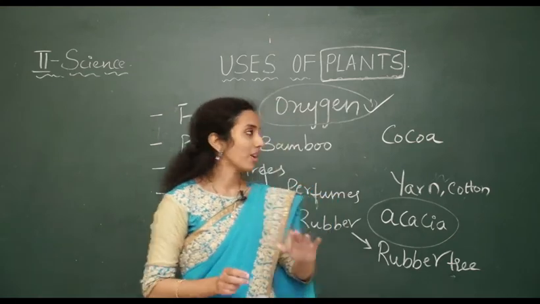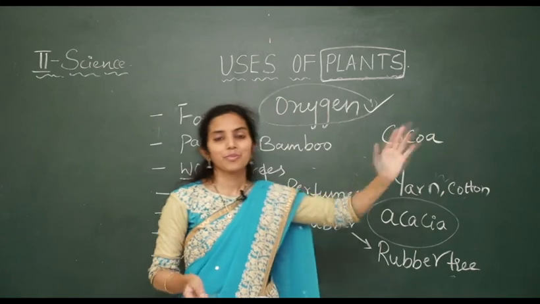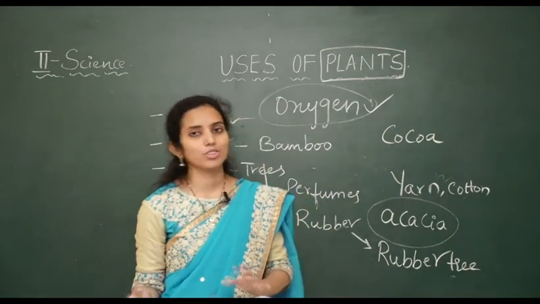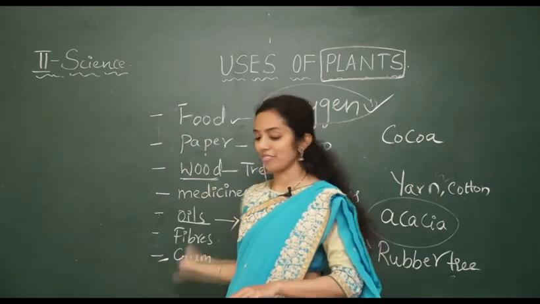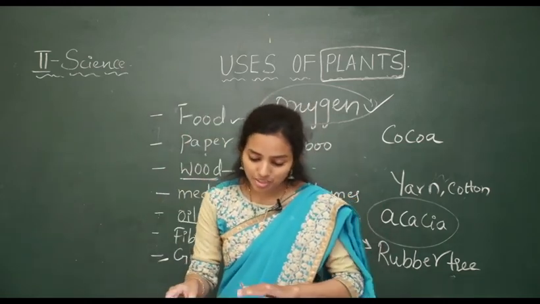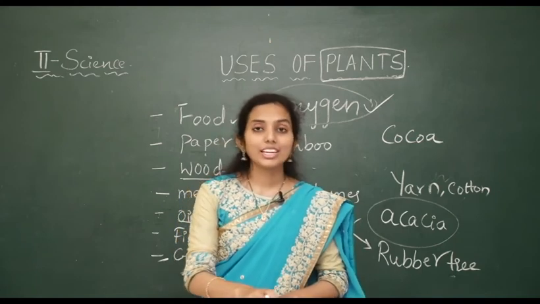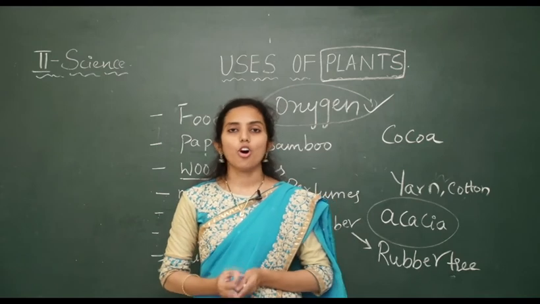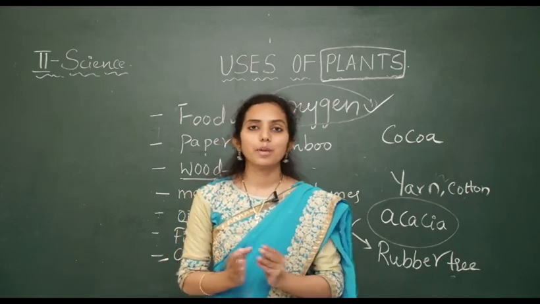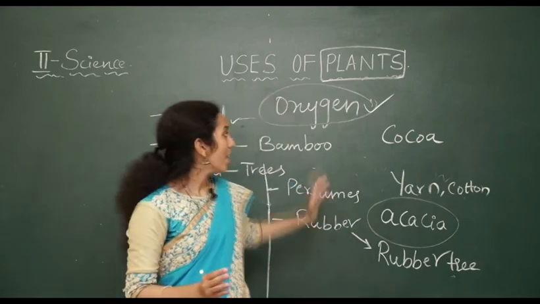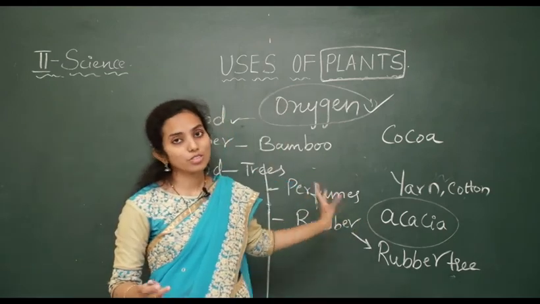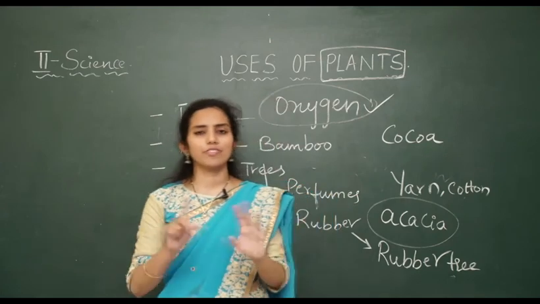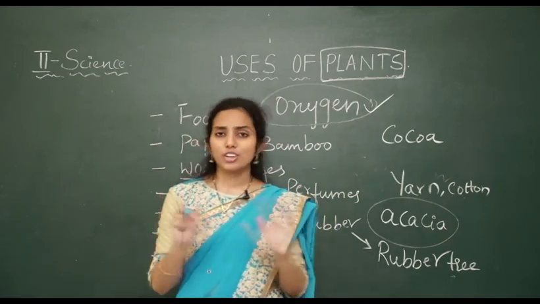So this is our lesson, uses of plants. We have seen not only fruits and vegetables, there are many uses of the plants, all that we have discussed in our class. So my dear children, with this topic we have completed our second lesson. I want all of you to know the importance and greatness of the plants, and always remember the uses of plants. Whenever next time you are asked what the uses of plants are, just don't say leafy vegetables, fruits, shadow and wood.